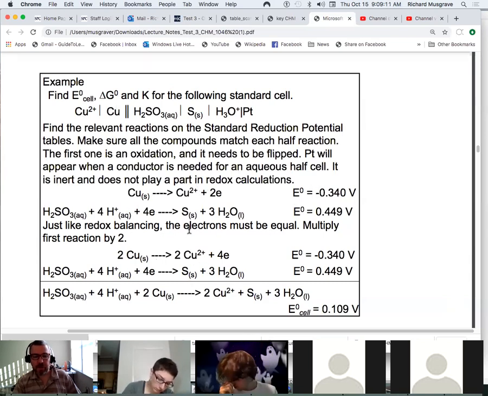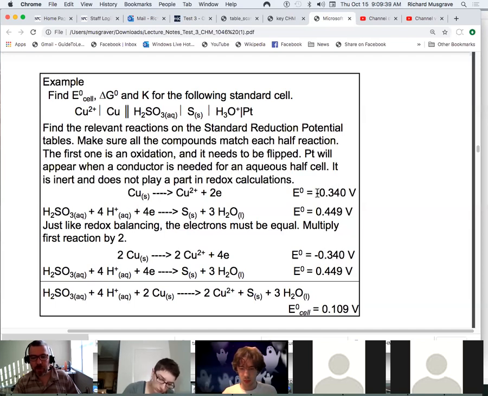Now, the other thing I did is I multiplied the top reaction by 2 in order to make the electrons even out, because I want to be sure that I'm transferring the exact same number of electrons from the anode to the cathode. So I've got 4 electrons on top here, 4 electrons on top here. Now remember, when I multiply by 2, it doesn't change the cell voltage.